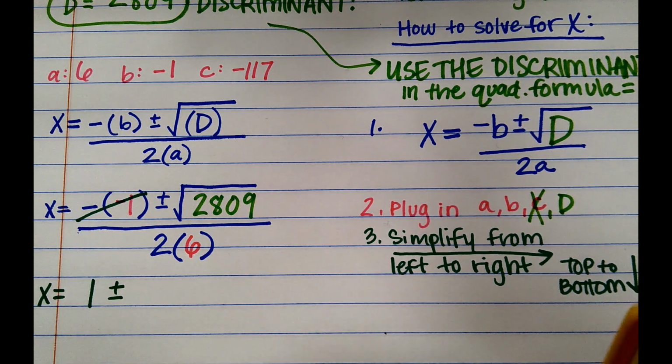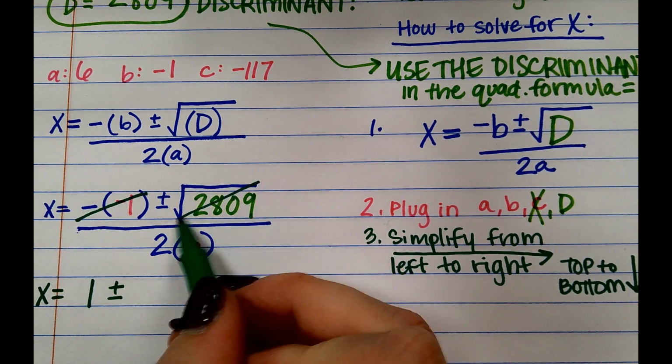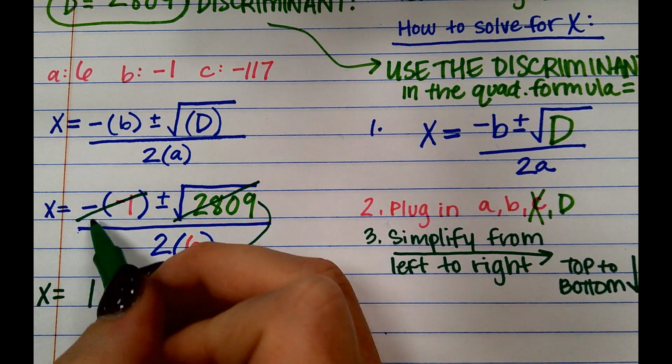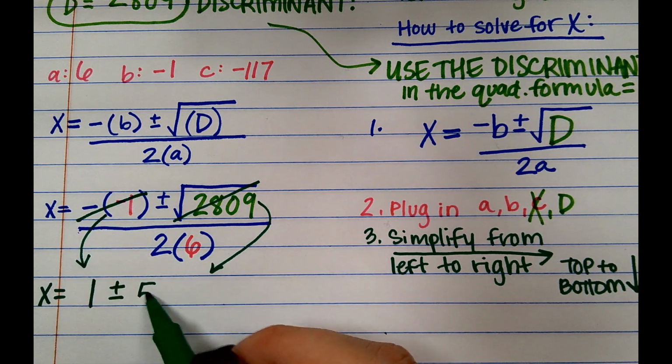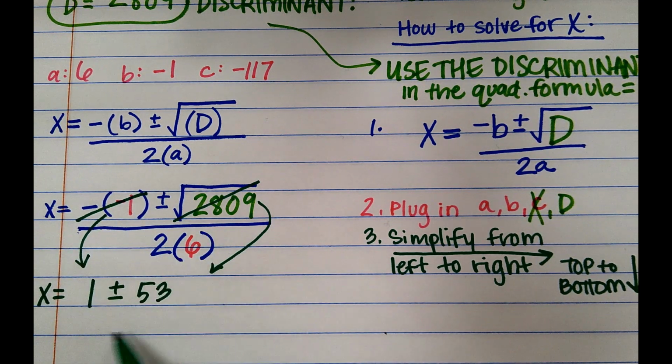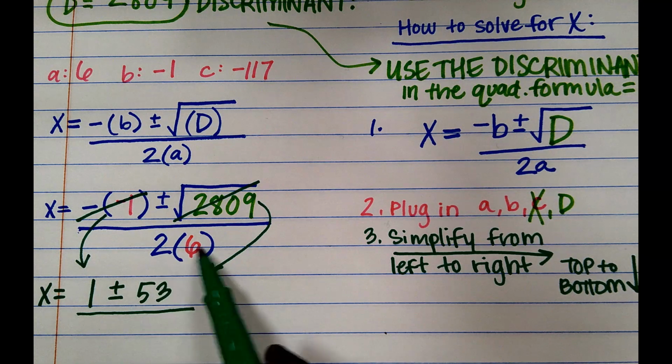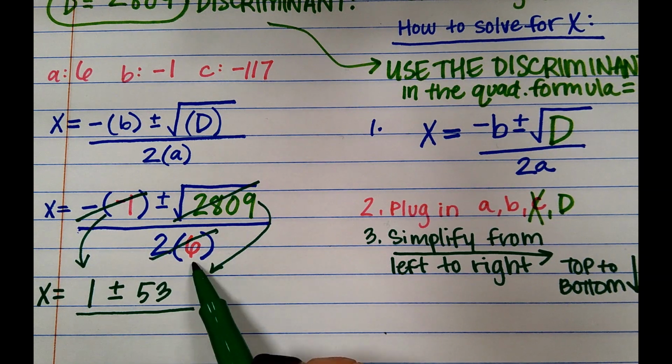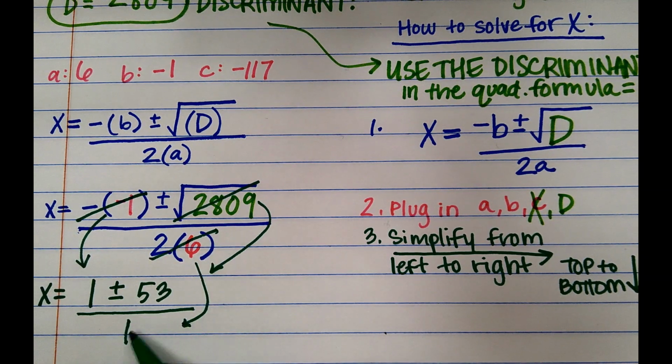Okay, let me type that in. Square root 2809. Yep, 53. All over, yep, 2 times 6. That gives us 12.